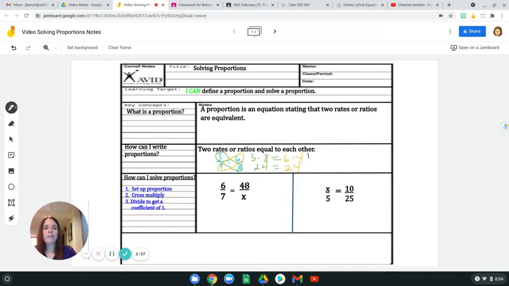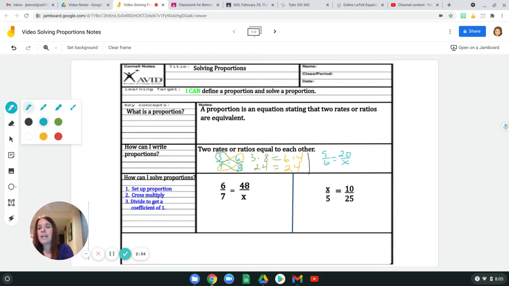Let me show you another example. So this would be considered more like a level 2, because now what you're going to see is I'm going to have two ratios. But within one of those ratios is a variable. Okay, that's totally valid because we can prove that this is true by solving for that variable.